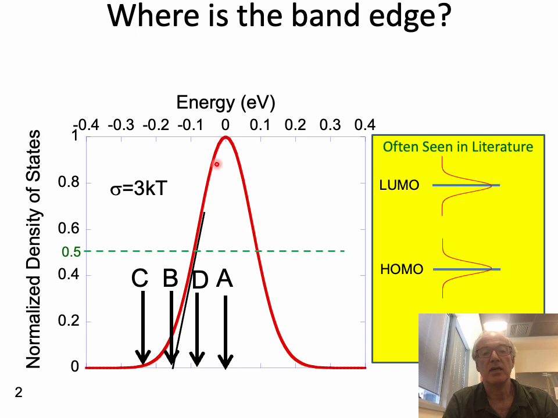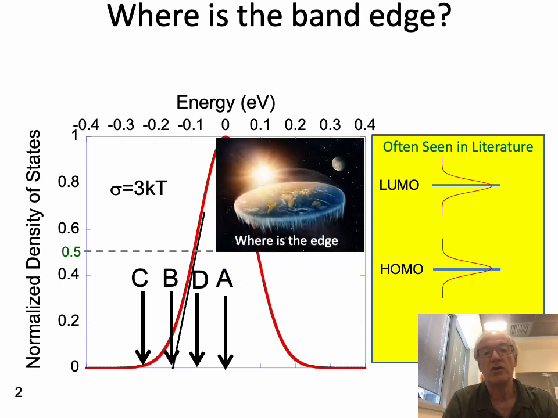And really, what is the correct band edge is going to depend on what you're going to use this edge for, because there is nothing here which is clearly better than the other. And as we all know, finding the edge is a centuries old problem.